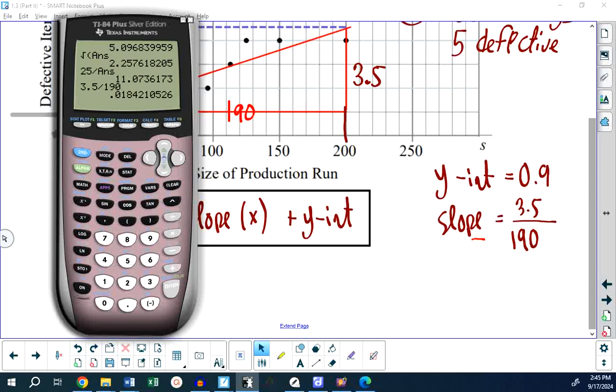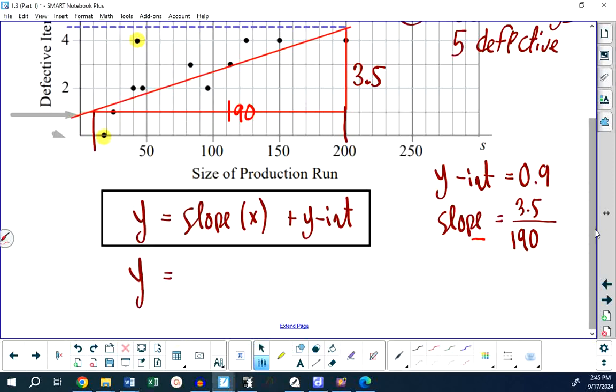We could go 0.0184, but I think 0.018 is good enough. So my equation will be y equals the slope times x plus my y-intercept, which we said was 0.9. Now, you've already had practice in finding equations of lines. You've done that with partial variation. That's where we ended a couple of days ago. So that's the equation.